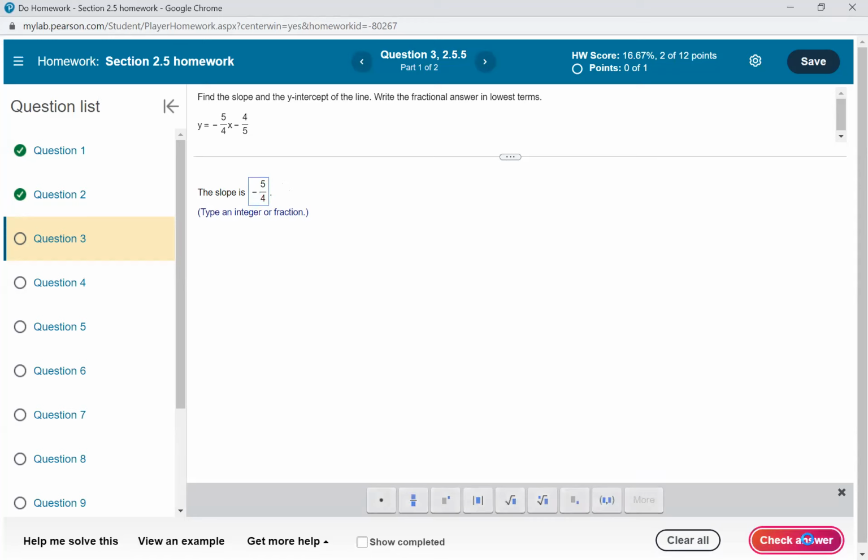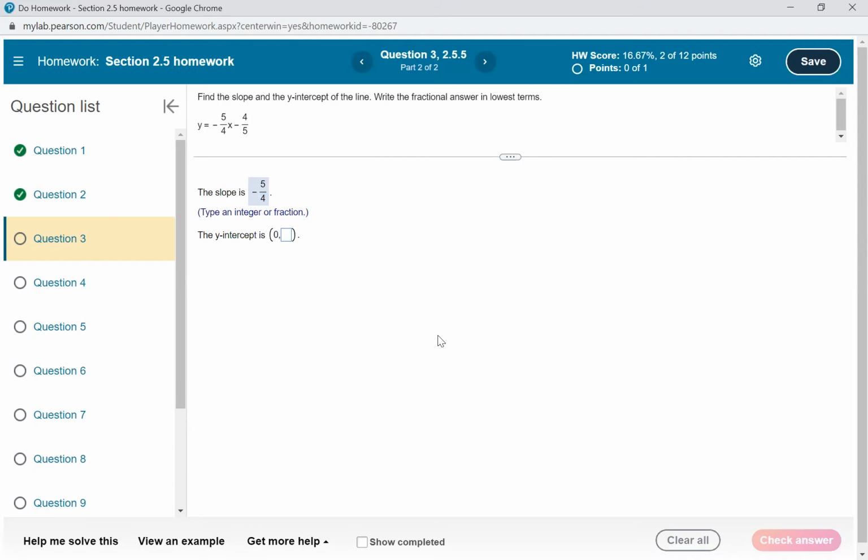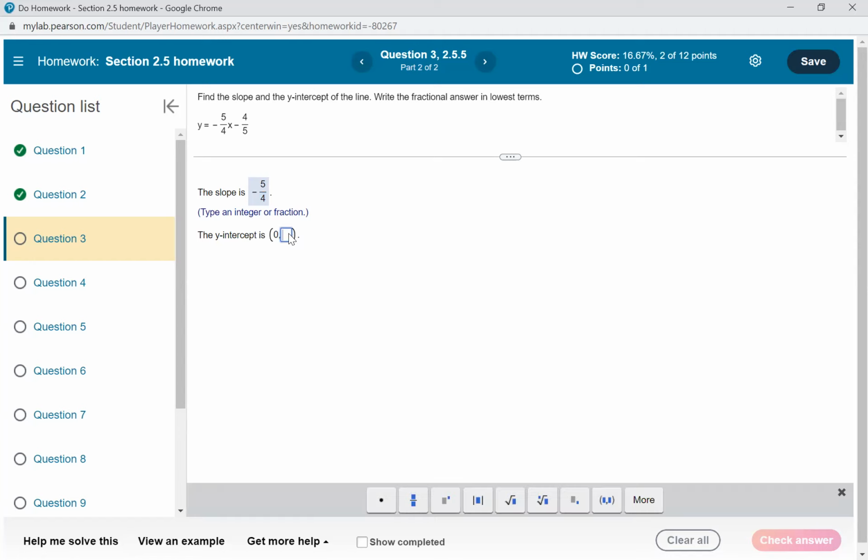All right, good job on that. And then my y-intercept would be (0, -4/5). Good job. So basically, y'all, these are looking just like they are in that form, okay?